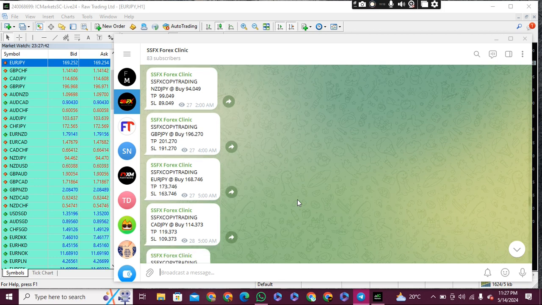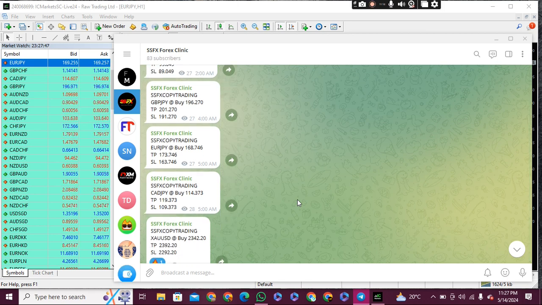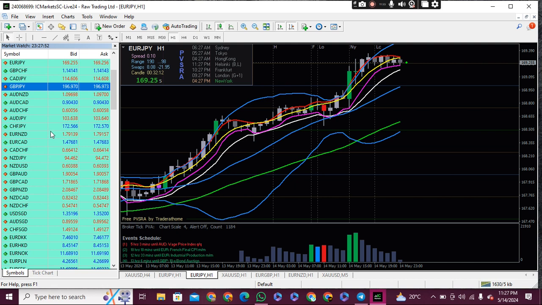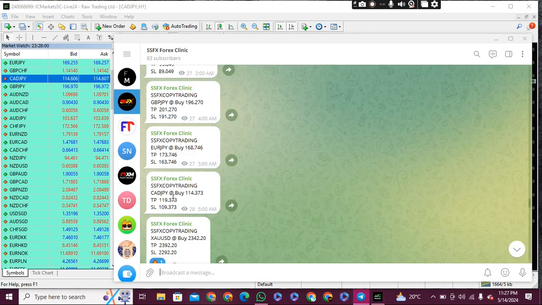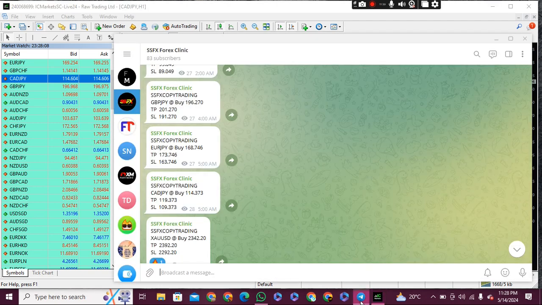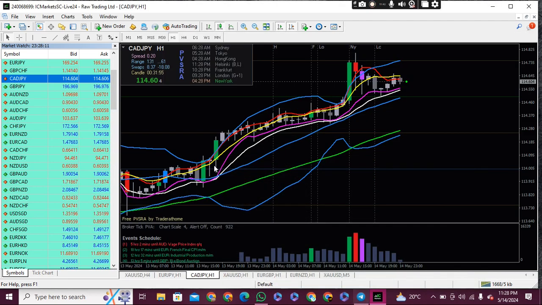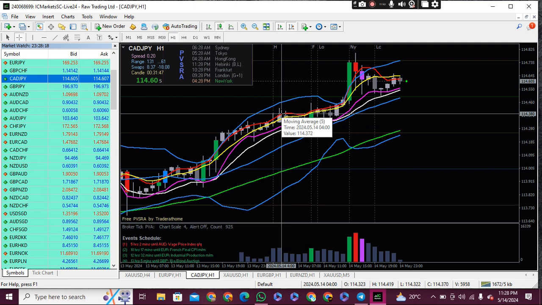So we go to CAD JPY. We had a buy from 114.37, at the same 5 a.m., from around this level.